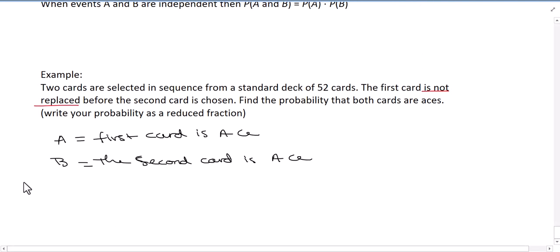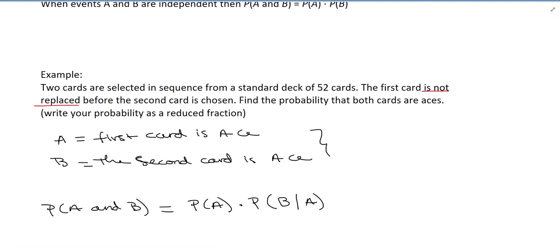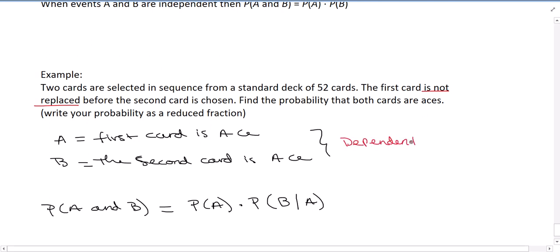So we're trying to find the probability of A and B. Based on our formula, the probability of A and B will be the probability of A times the probability of B given that A happened. Are these independent? No, right, because this is without replacement, so these are dependent events because we have without replacement.